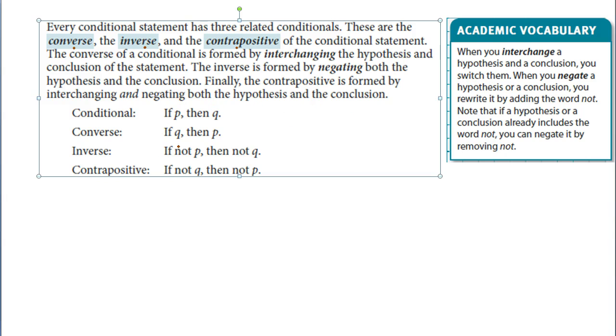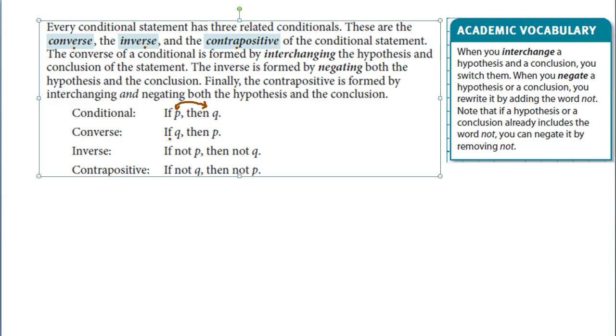Here are some examples using variables to represent actual parts of sentences in words. If an original conditional sentence is if P, then Q, where P is representing some phrase of words, then its converse is to switch the hypothesis phrase and the conclusion phrase.